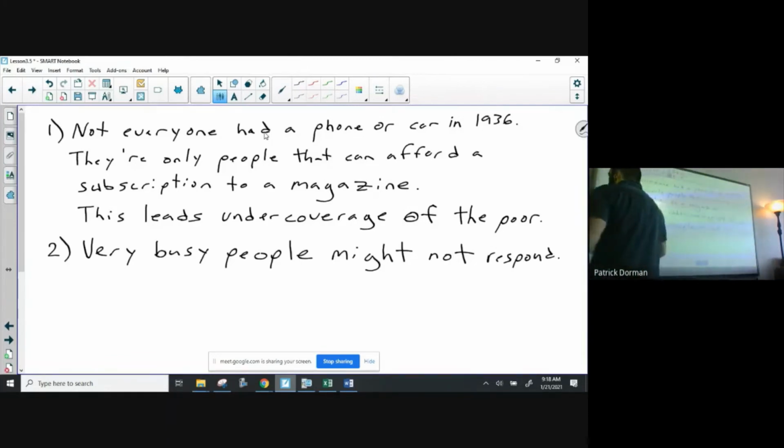So, perhaps they got a lot of responses from retired folks, people that aren't working two jobs. Well, if they were lucky enough to have two jobs back then, they were probably working like a dog at their one job for not much money, because there wasn't a lot of labor reforms going on.